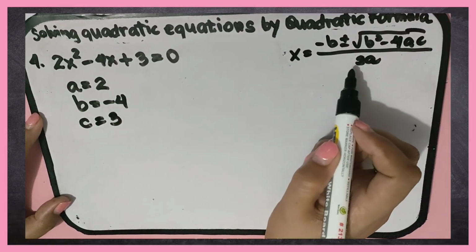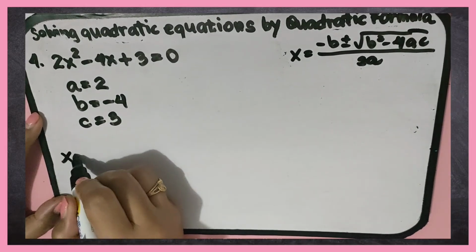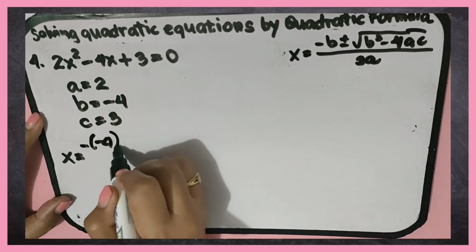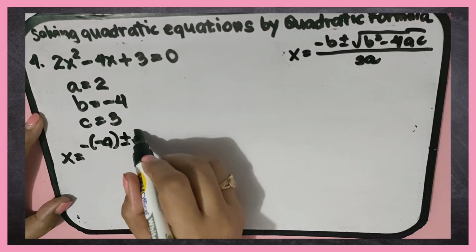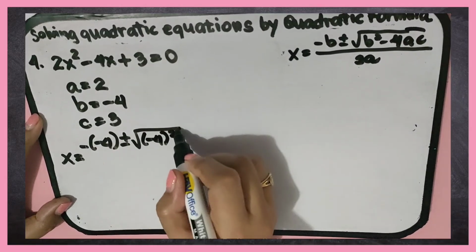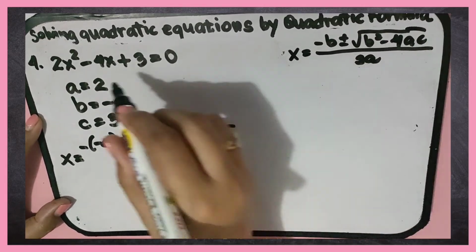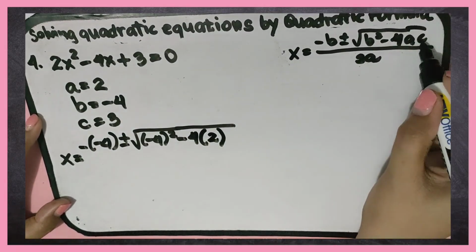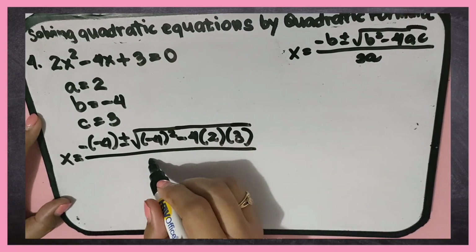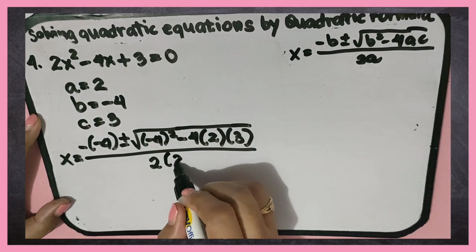Then using the quadratic formula, substitute the given values of A, B, and C. So we have x equals negative, then negative 4, positive negative square root of the value of B, which is 4, then squared, minus constant 4, the value of A is 2, then the value of C is 3, all over 2, which is the constant, then multiplied by the value of A, which is 2.